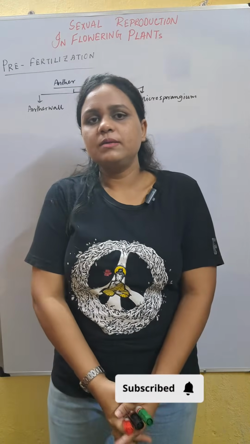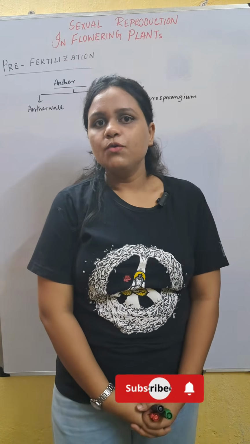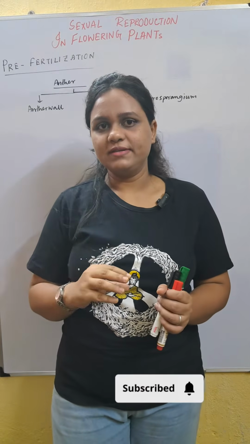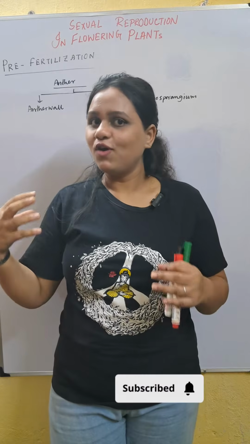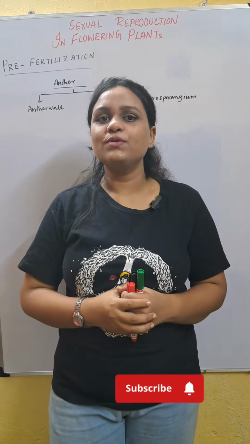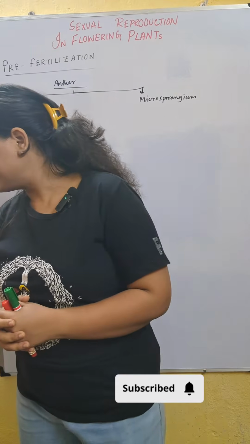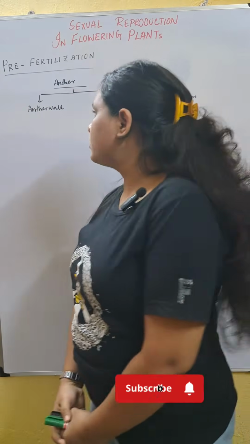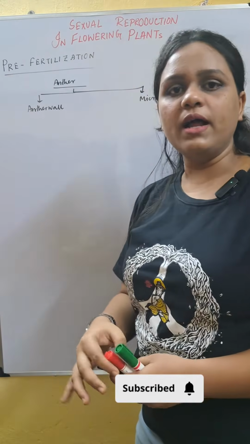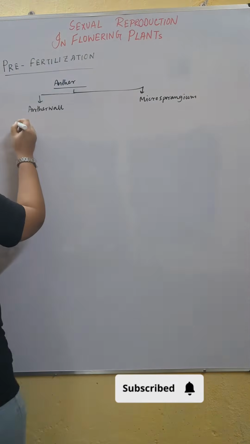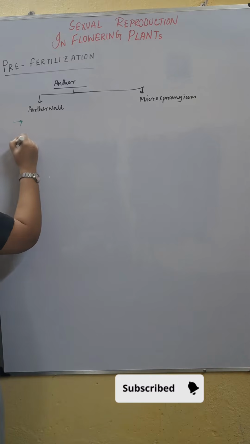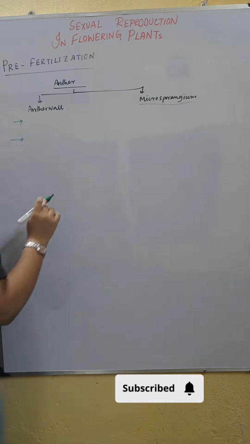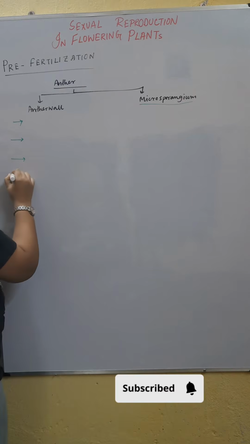Anther is a typical bilobed structure which contains four microsporangia, so it is called tetrasporangiate. Microsporangium is protected by four wall layers from the outside to inside.